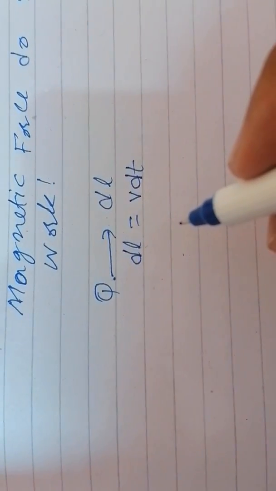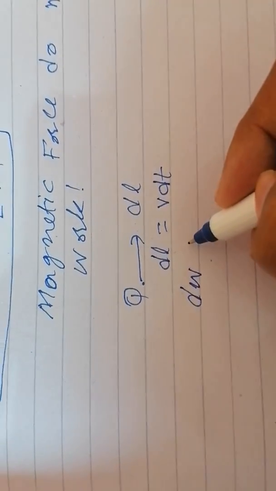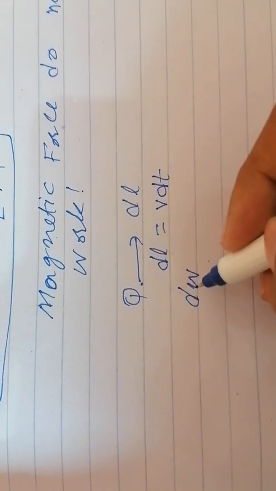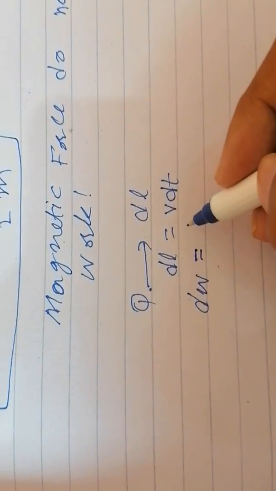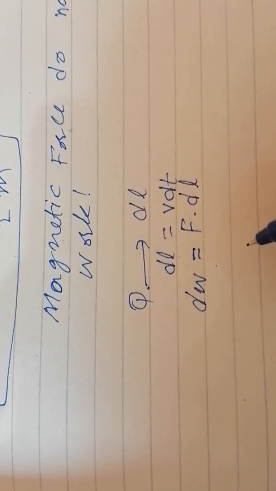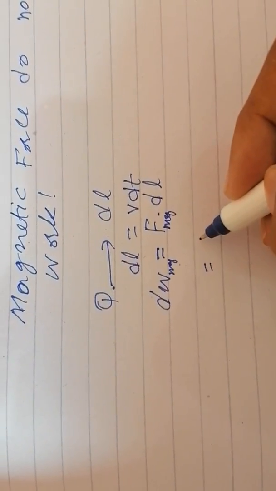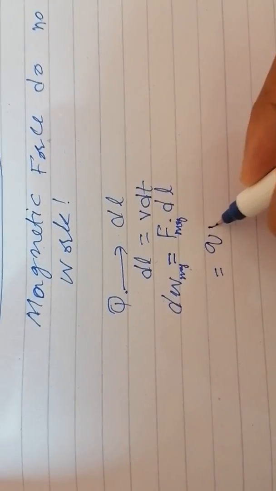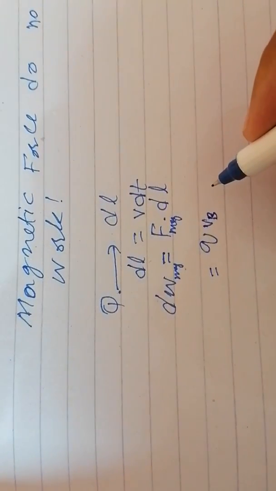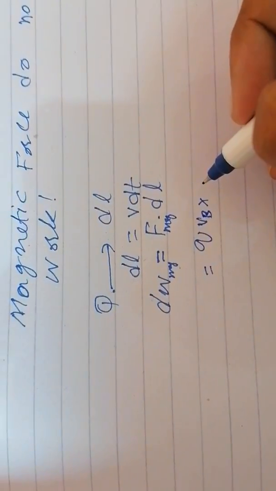If we want to find what small work dW it will do, dW will be equal to F dot dl. Here F is magnetic, because it is magnetic work. So F magnetic is qv cross B.